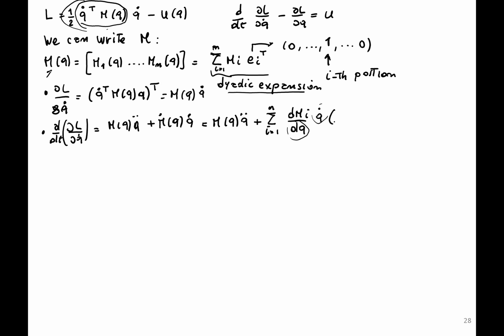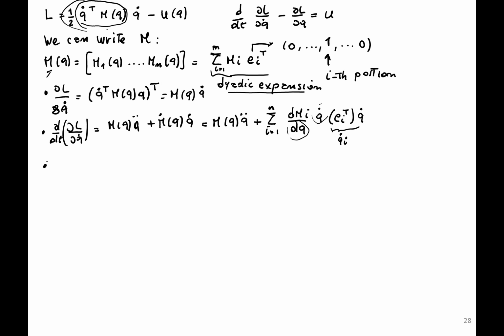Then we have the a_i transpose vector that is multiplied by q dot, and this is just extracting the i-th element, q_i dot, which is a scalar, from the q dot vector.